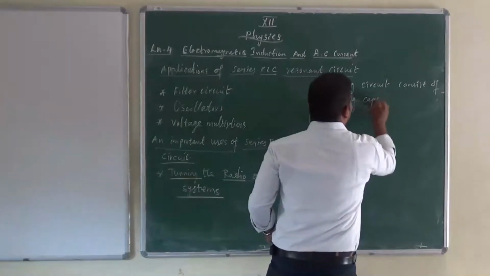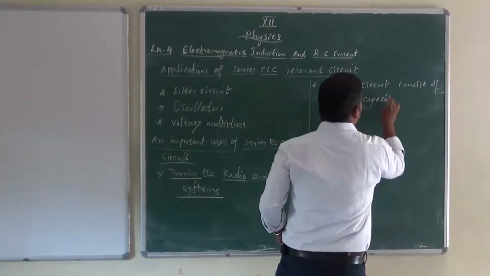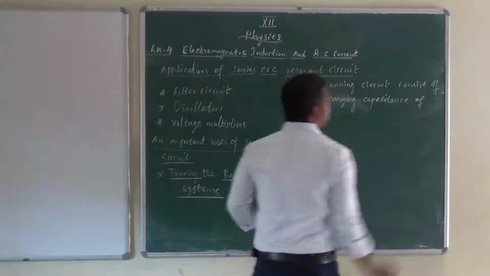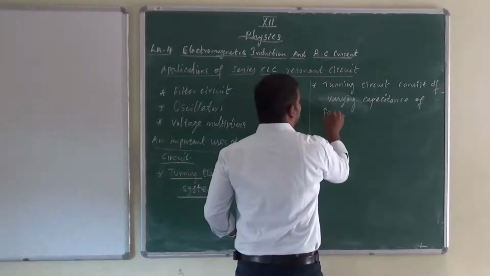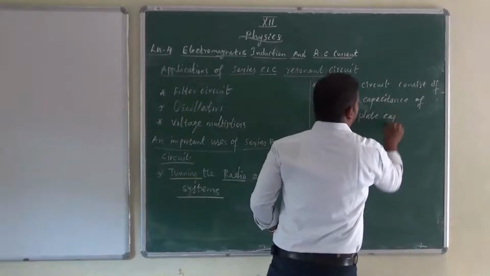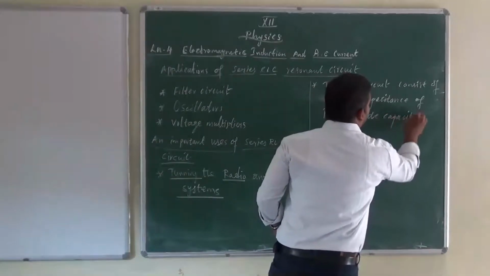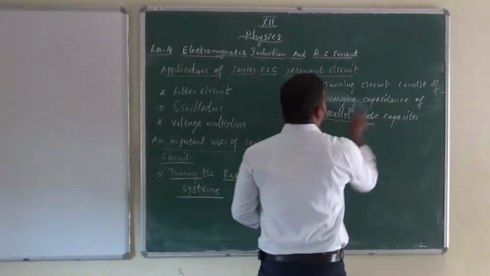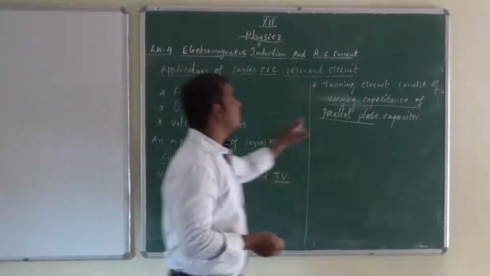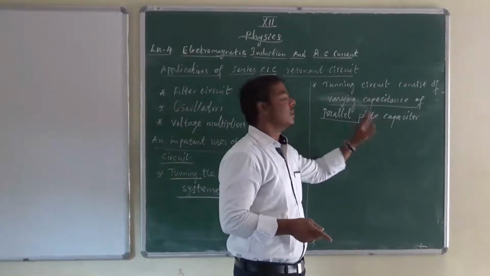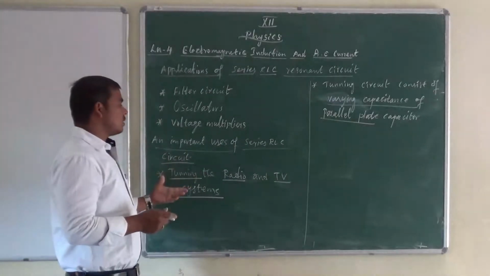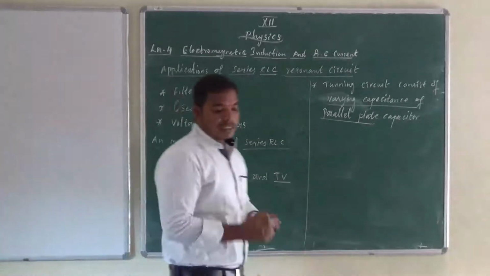An important question: the parallel plate capacitor is responsible for the tuning circuit. This tuning circuit contains the varying capacitance of a parallel plate capacitor. This parallel plate capacitor changes the channels in radio and TV systems.